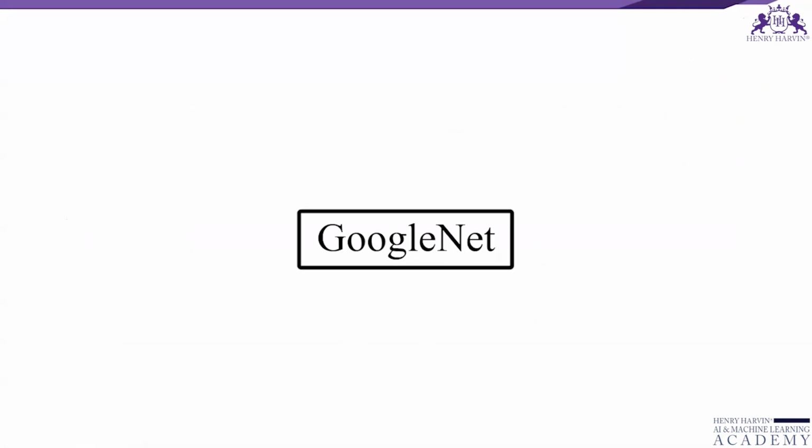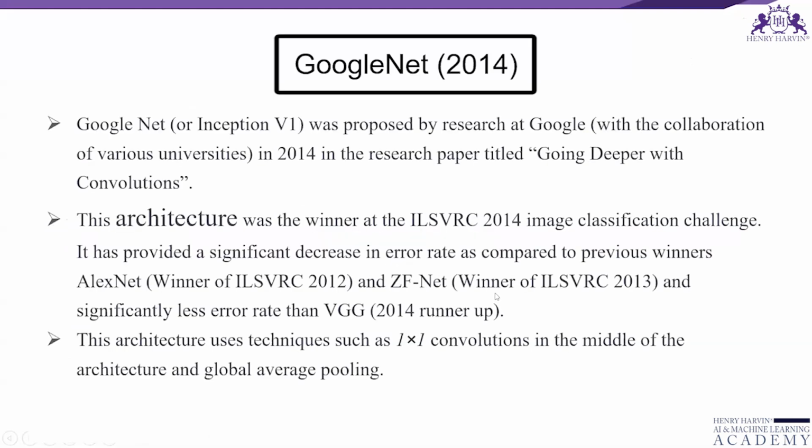GoogleNet. So we have come across several architectures, and also we have attained some basic knowledge of GoogleNet. We are going to have a deeper understanding of GoogleNet in this lecture. So what is GoogleNet? GoogleNet was proposed by researchers at Google in 2014 in the research paper titled Going Deeper with Convolutions.